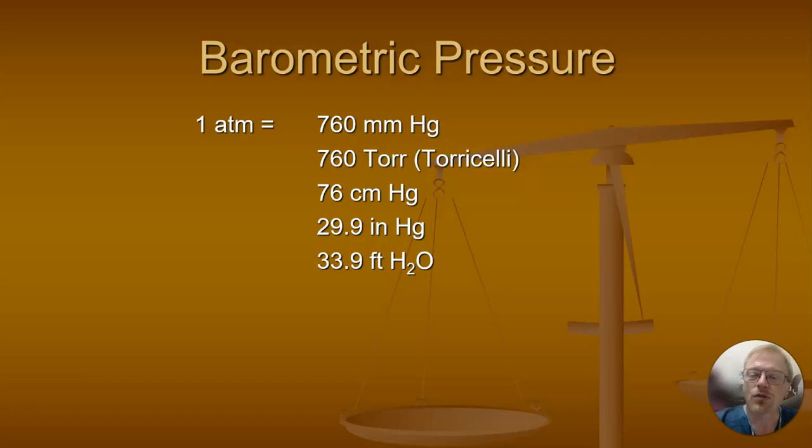Now, if we're using mercury, we discussed the density of mercury being involved. So that means it would be 14.7 psia. The A stands for atmosphere, but it's pounds per square inch, or 1,034 grams per centimeter squared.